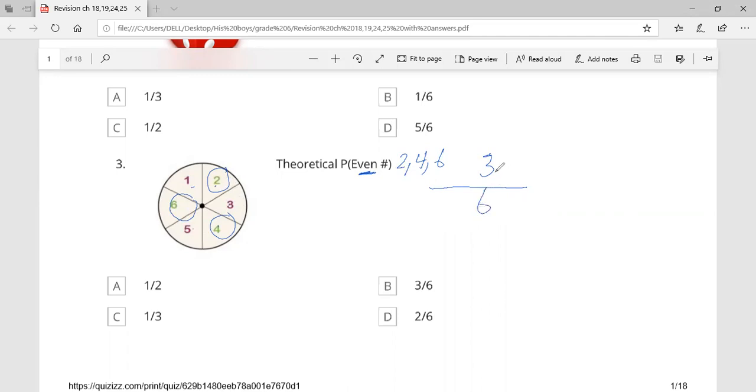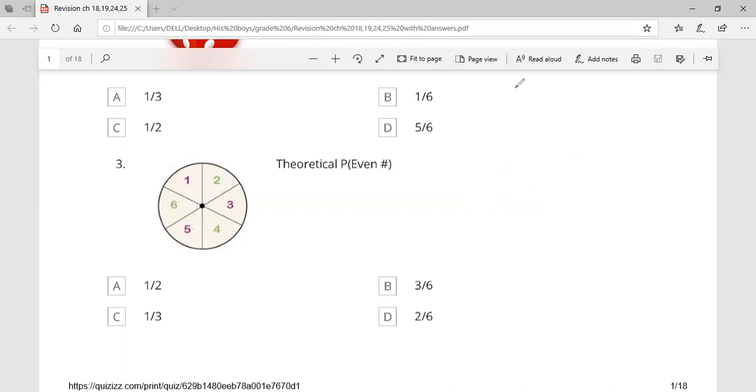So the probability is 3 out of 6. If I write it like this, 3 out of 6, it is supposed to be in the simplest form. We have to divide by 3. 3 divided by 3 gives 1 out of 2. So it is a half, because 3 is half of 6, and so on.